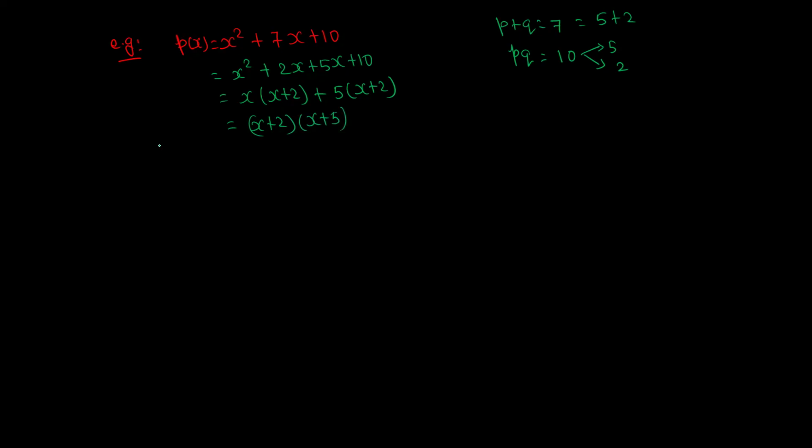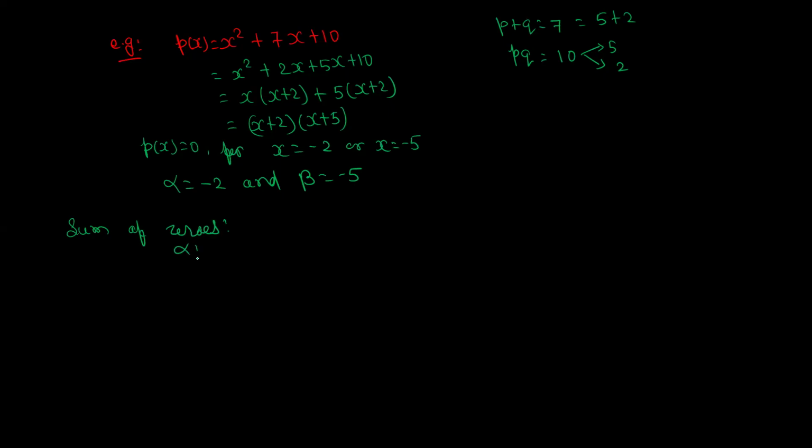So here this p of x is going to be equal to 0 for x equal to minus 2 or x equal to minus 5. So finally alpha we can take as minus 2 and beta we can take as minus 5. So sum of zeros, what is the value?